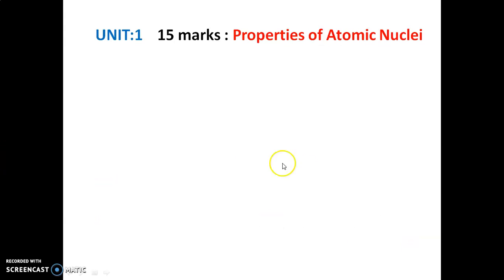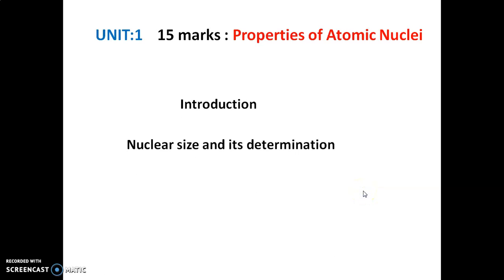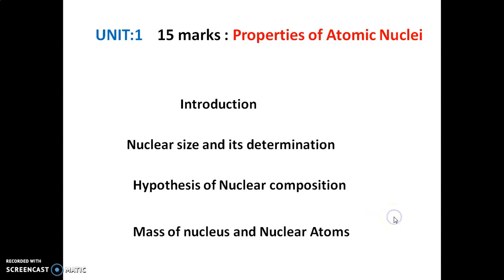So first we'll start with the first unit, properties of atomic nuclei, which consists of introduction, nuclear size and its determination, hypothesis of nuclear composition, mass of nucleus and atoms.